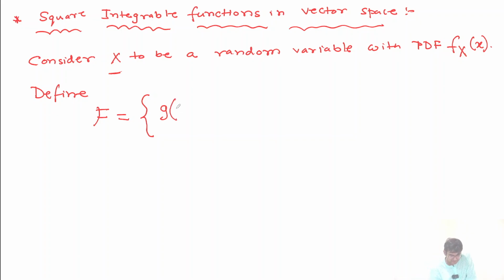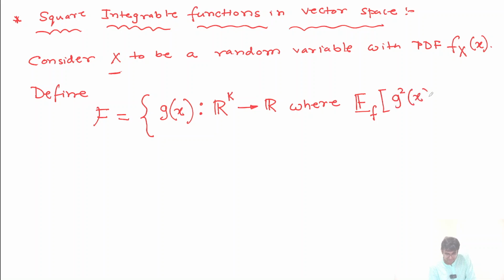So it's a collection of g(x), which maps from a k dimensional space to, let's say, a scalar, where the expectation with respect to the PDF f of g square x is less than infinity.